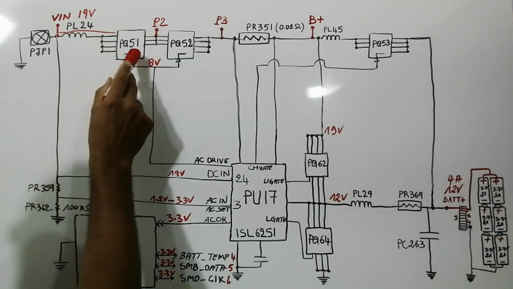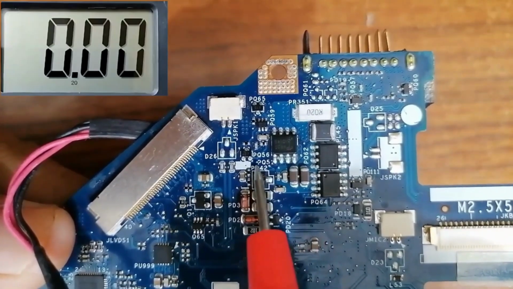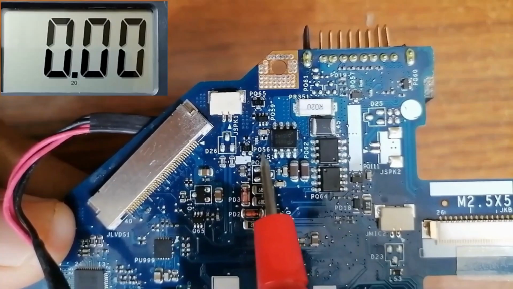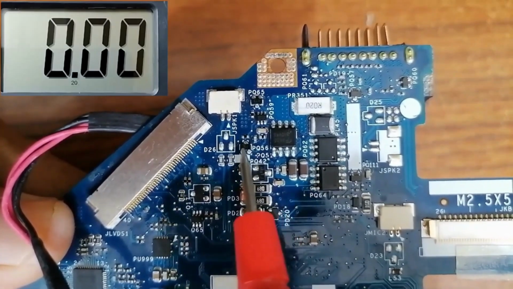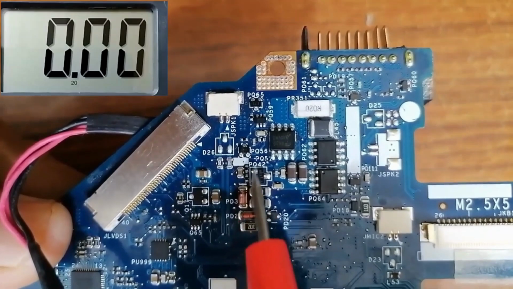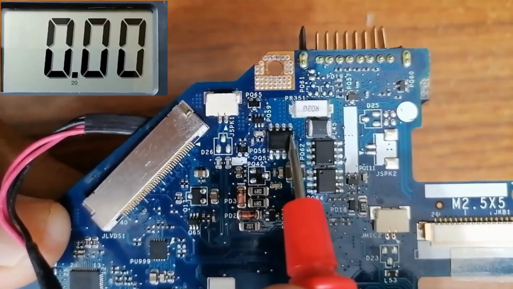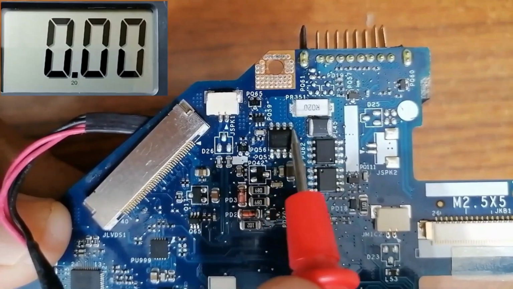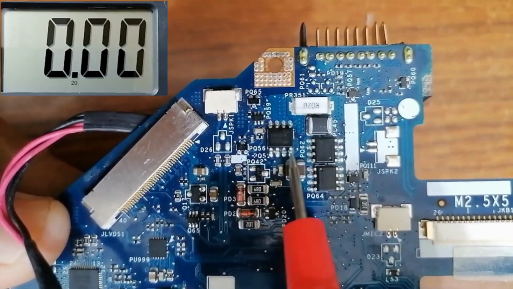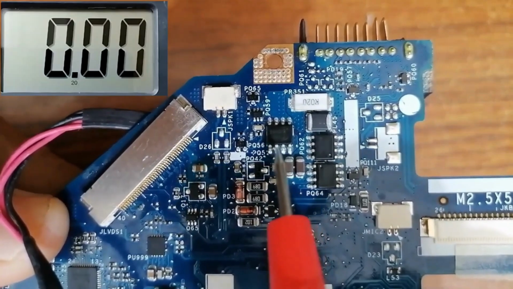This is a 3-pin MOSFET. Here we have this dot, which means this is the source, over here we have the gate, and this is the drain. We have to find 19 volt in the drain.